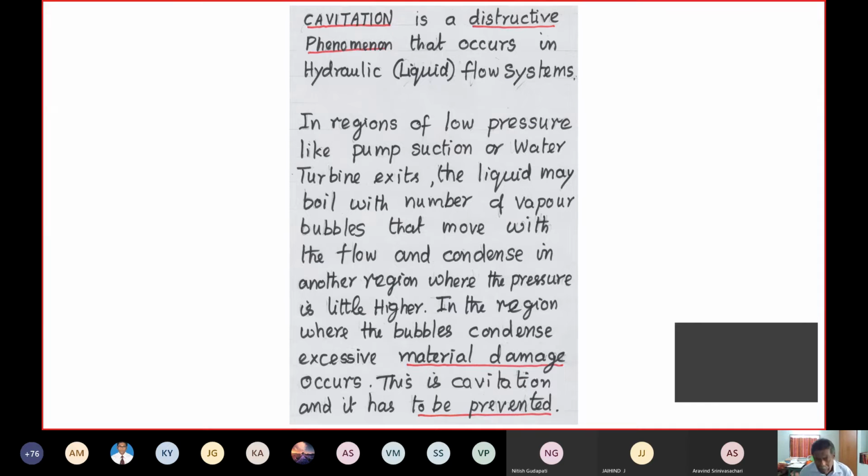It's really very difficult to physically imagine what is happening, but the result is the pump body, cast iron or most of the materials, they will be eaten away as if there is a corrosion-like thing. So there must be very high pressure acting at that time, impulsive pressures and something like hammering.